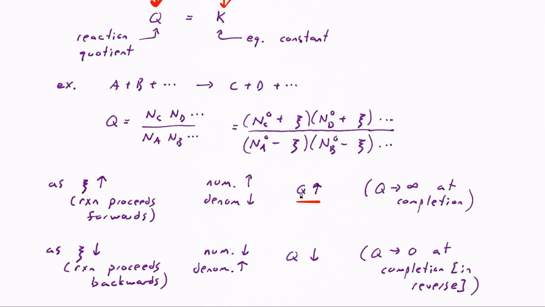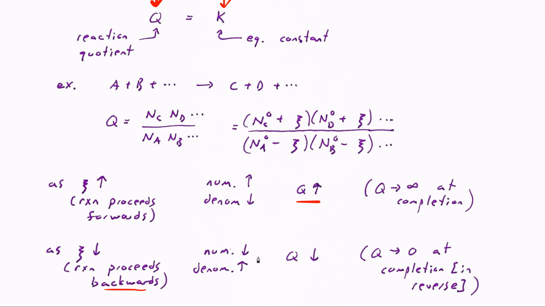On the other hand, flip the signs of each of those statements. If the reaction proceeds backwards so that squiggle is getting smaller, if squiggle is a negative number, because I've consumed products to make reactants, then the numerator is getting smaller. I subtract that negative number, so the numbers in the denominator are getting larger.